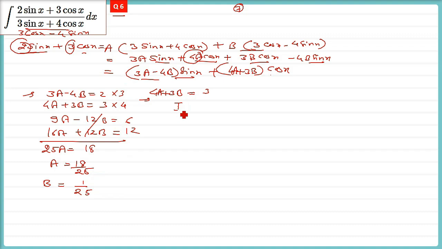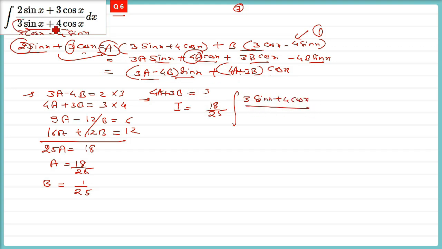Now let's make the integral. We already got this equation number 1, which is actually the numerator. So let's just write the numerator in this form and then divide by the denominator as usual. First, a is 18 by 25. I always take this constant outside the integral because it won't affect. 3 sin x plus 4 cos x will remain like that. And what is the denominator?